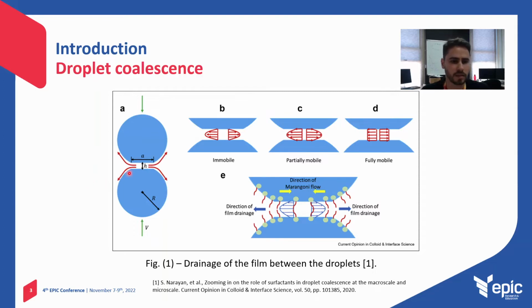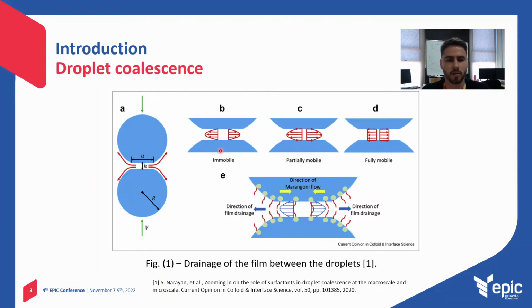And the main aspect of the droplet coalescence is the film drainage. So when two droplets get very close to each other, there is the formation of a thin liquid film in between those droplets. And how fast this film will deplete is related with the mobility of the interface. And the interface can be immobile, partially mobile, or fully mobile.